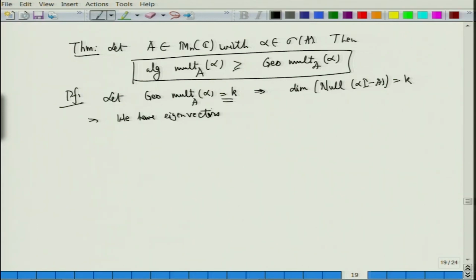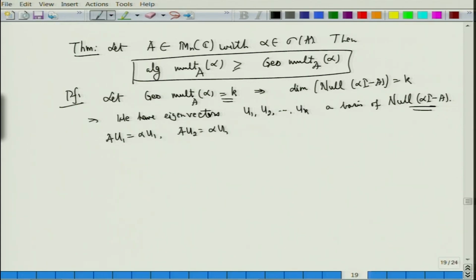They are linearly independent eigenvectors u1, u2, up to uk, a basis of the null space of alpha I minus A. So what we have is A of u1 is equal to alpha u1, A of u2 is equal to alpha u2, and so on till A of uk is equal to alpha uk.